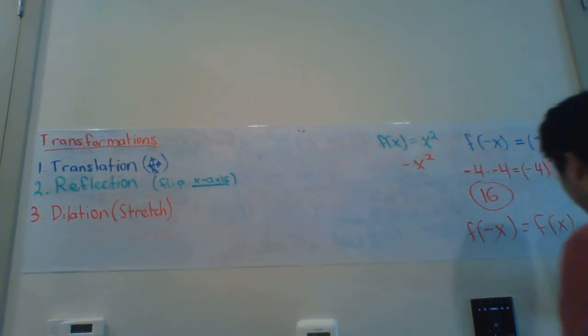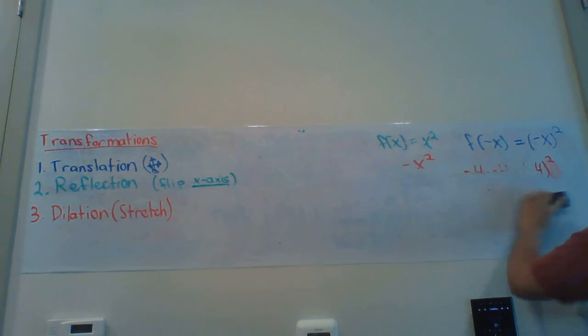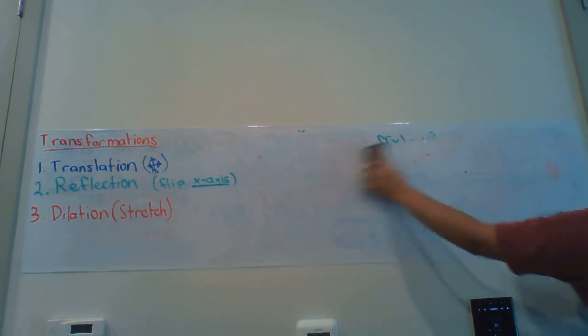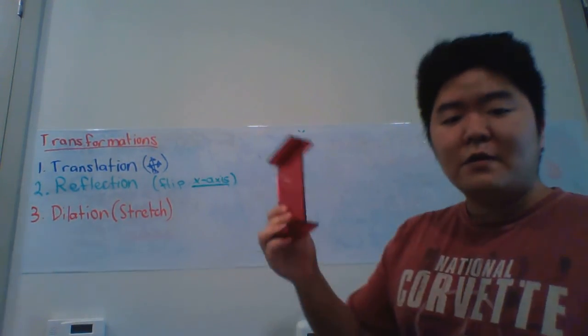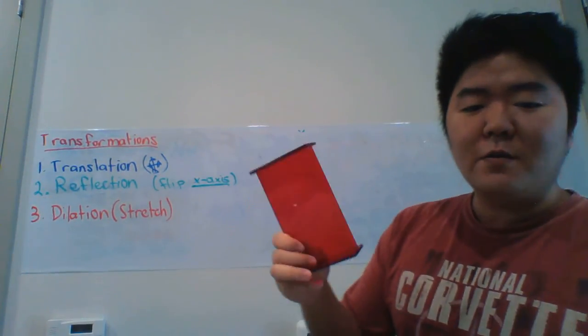Let's do another reflection. Awesome. So, I've got this little contraption right here. It's called a mirror.